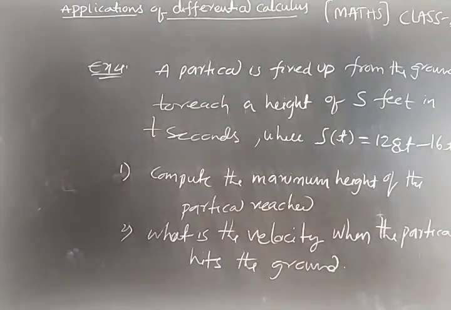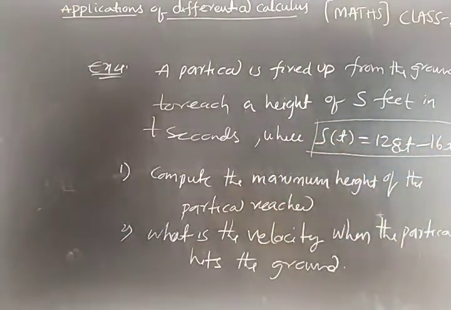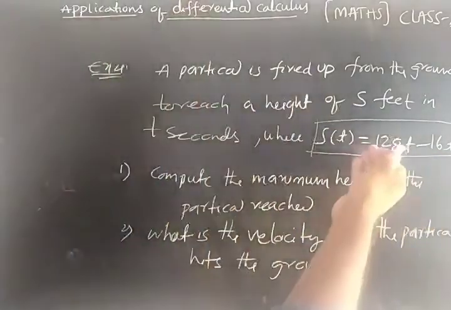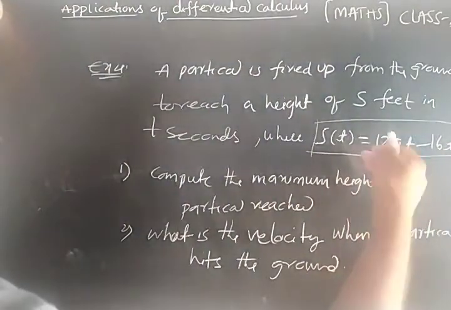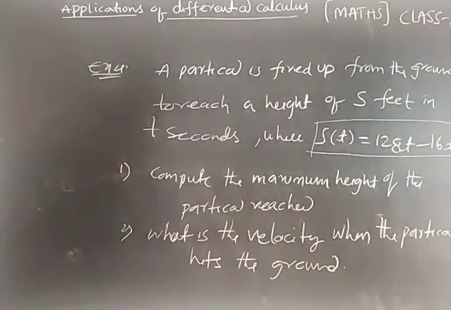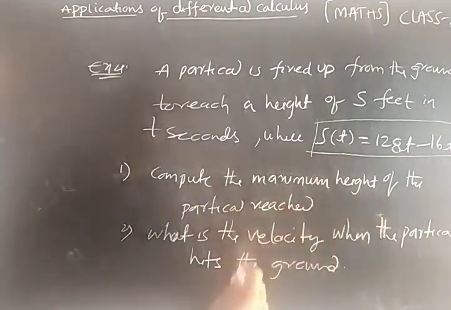Okay. See this example. We have the relation between height and time. If you know the time, then we can find the height the particle reached. First question: compute the maximum height.